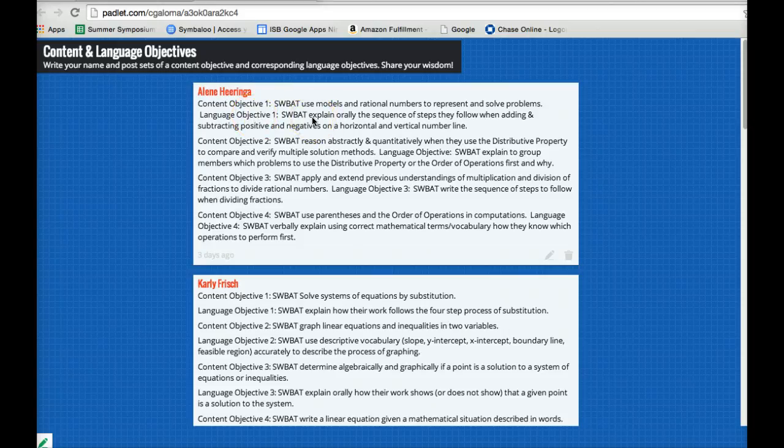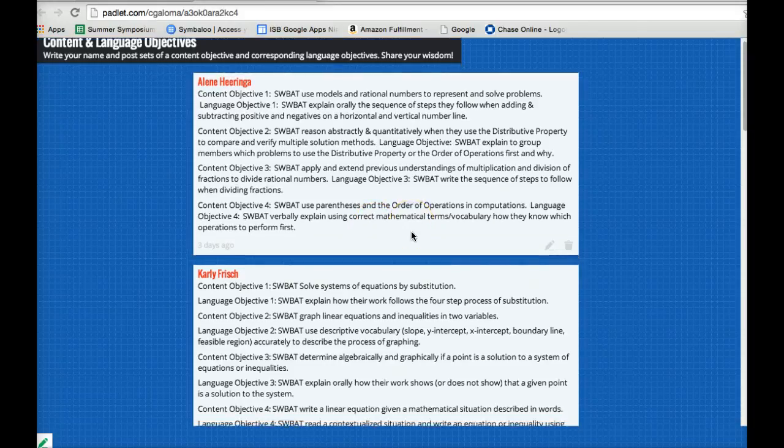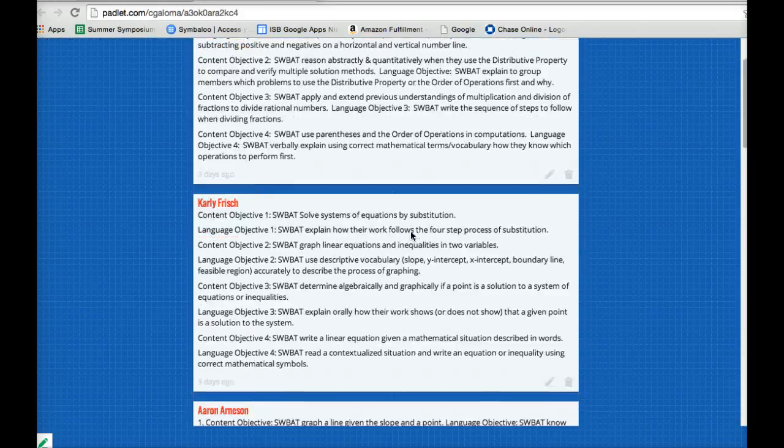The thing that I liked about your language objectives is that they correlate to your content, and you used a variety of language forms. So here it's oral explanation, explain in a group, write the sequence steps, and explain again. So good use of language functions there.